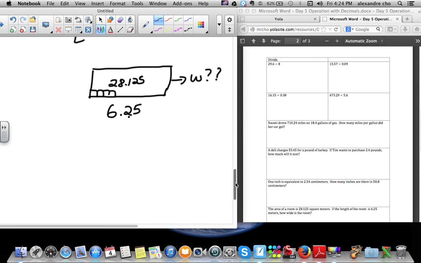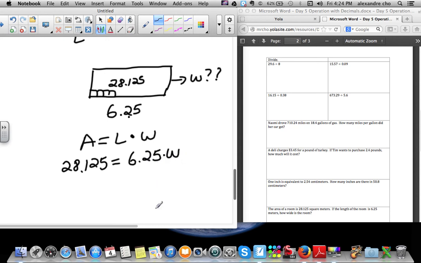Alright, so remember, area equals length times width, or base times height, same thing. We know that the area is 28.125. We know the length is 6.25 times W. You should know that this is a multiplication equation.